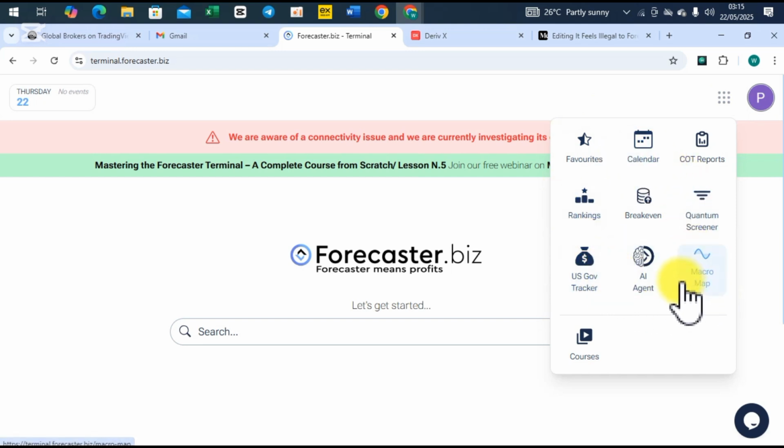Of course, I've written different articles about this AI agent and this quantum screener, and more features I will explain in future videos. But today's video, we want to look at this quantum screener. That's where we are going to find the two tools I have mentioned, which is seasonality and correlation. So you want to click on quantum screener.